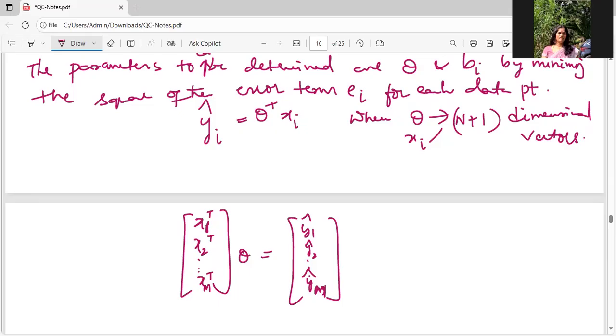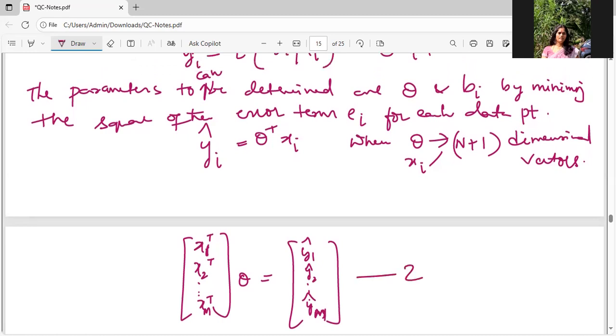Now, if we represent the matrix with the input features in this format, I call this equation 2.